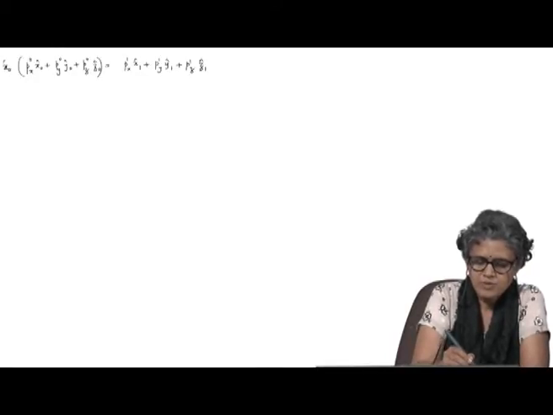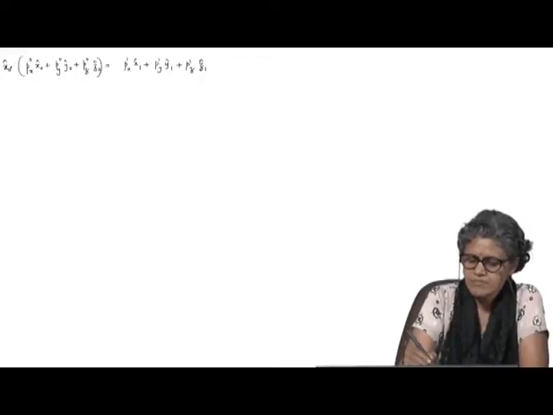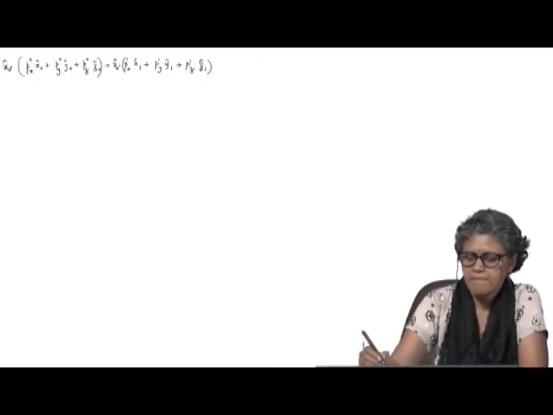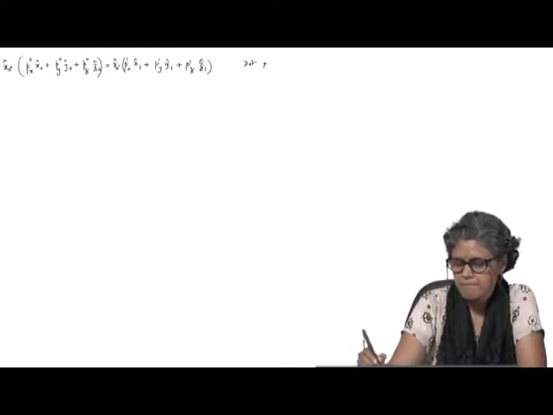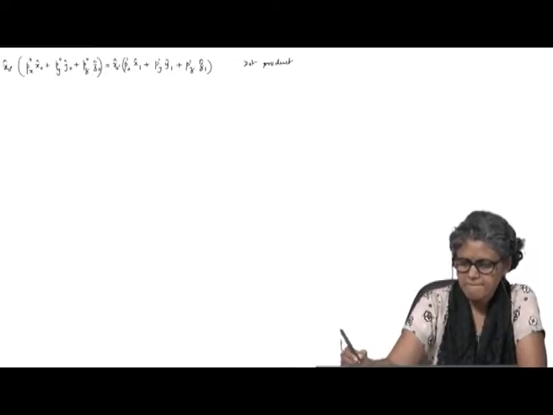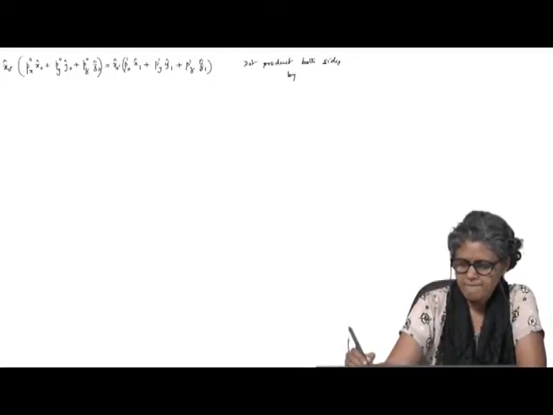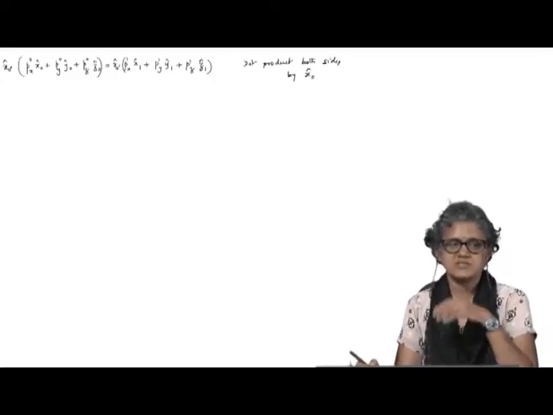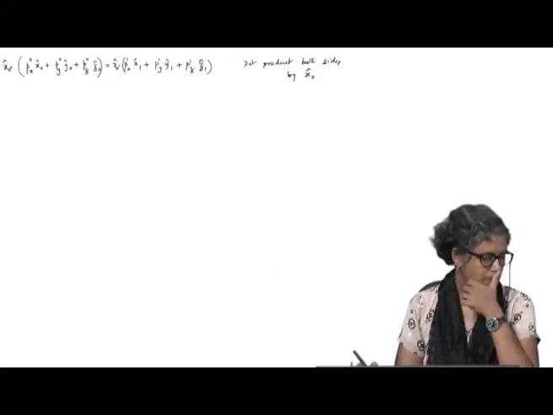Now, if I dot product both sides with x0, what do I have?